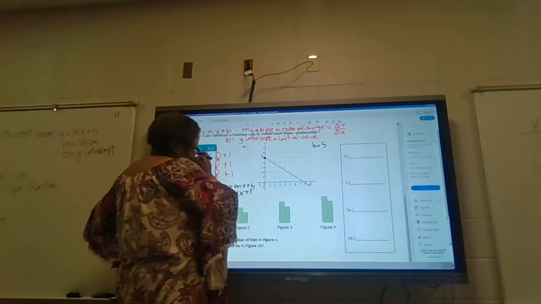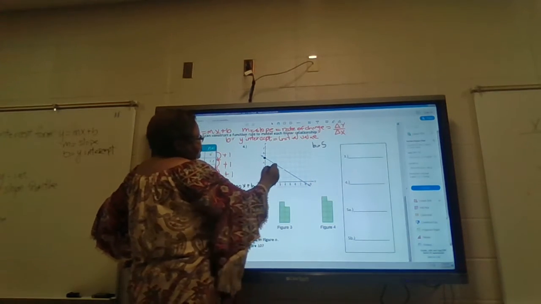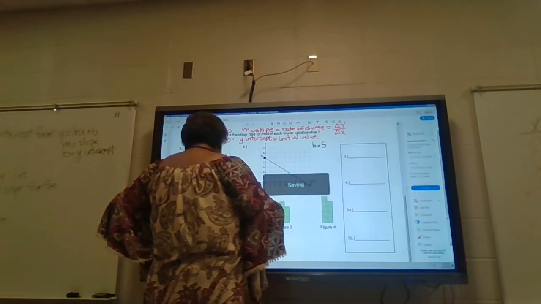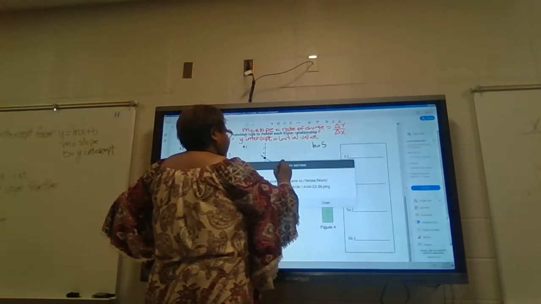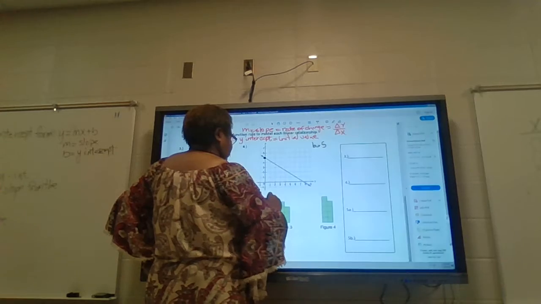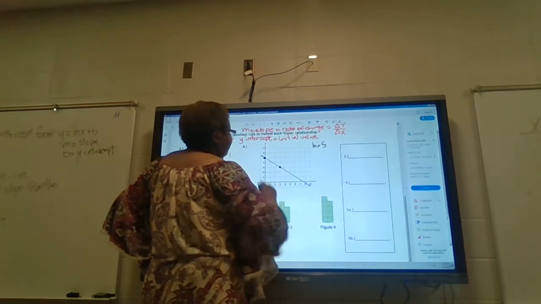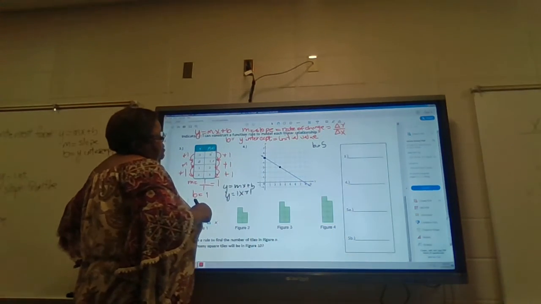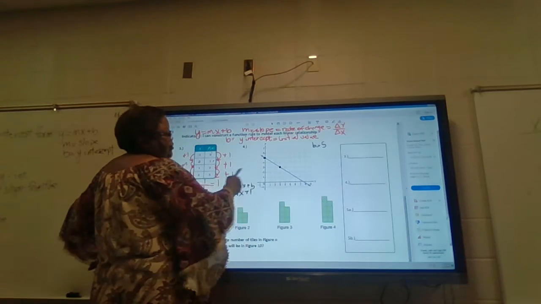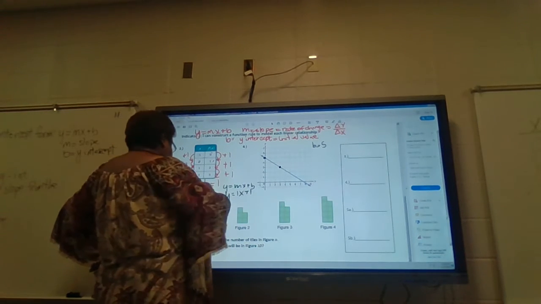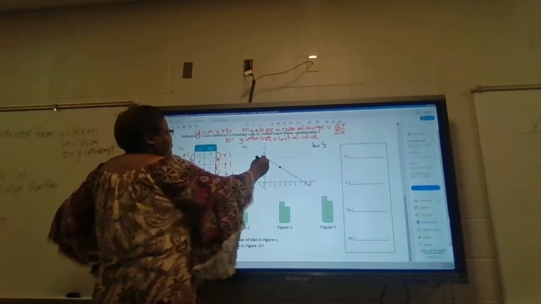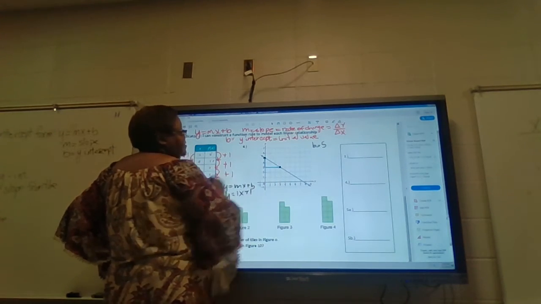Now I need to find the slope. Okay. So I found a point that's at a corner of a box. And then, let me change color. I'm going to go from here to here along my graph.